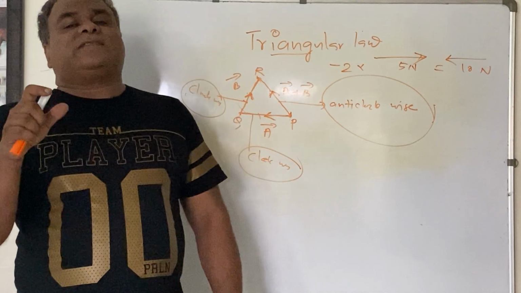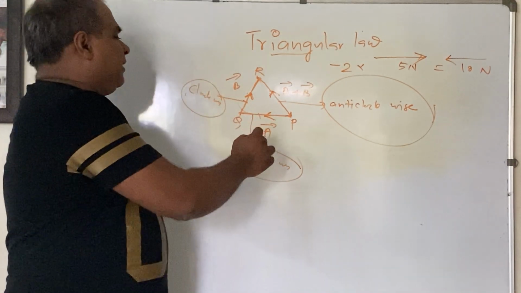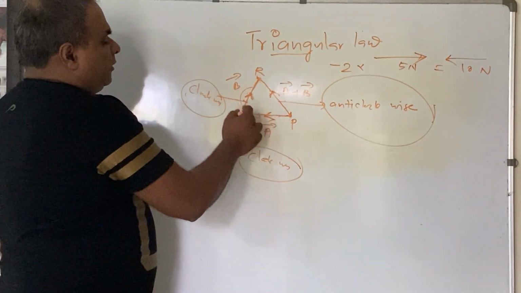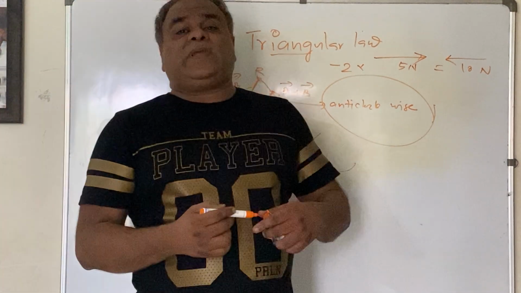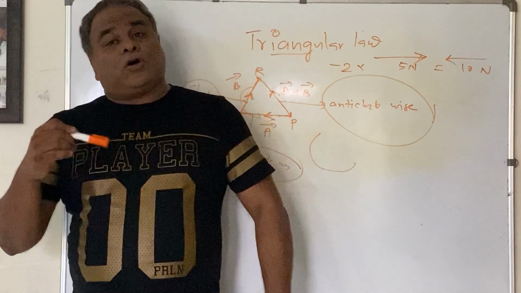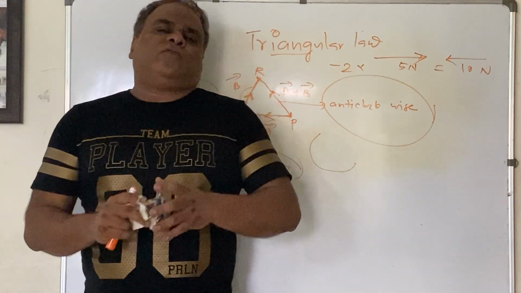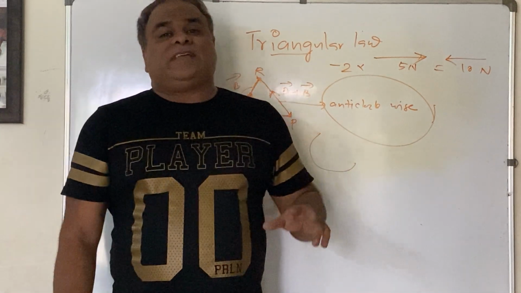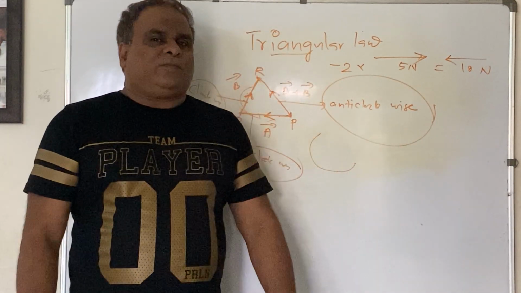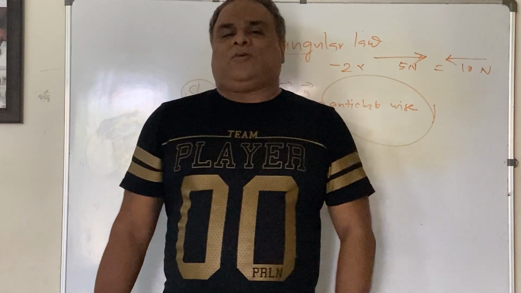These two vectors are in order, clockwise. Not in order means one vector is clockwise and the other is anti-clockwise. Then we cannot use the triangular law; at that time, we will use the parallelogram law.